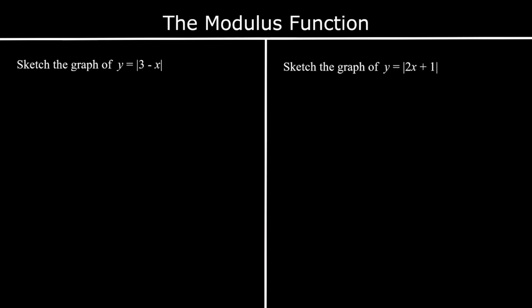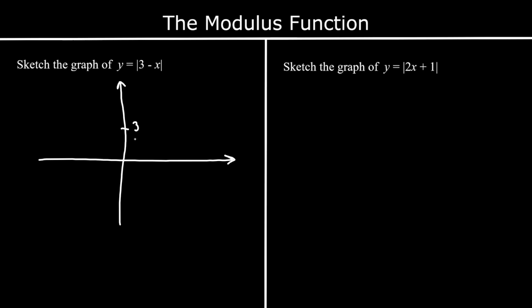Now we are going to draw the graphs of modulus functions. This first question says sketch the graph of y equals the modulus of 3 minus x. I'm going to start by drawing the original, which is the graph of y equals 3 minus x. So y equals 3 minus x has got a y-intercept at 3, and it's got a gradient of -1.